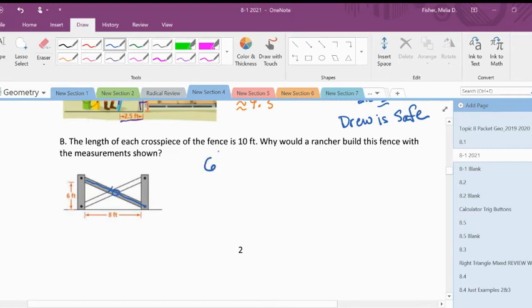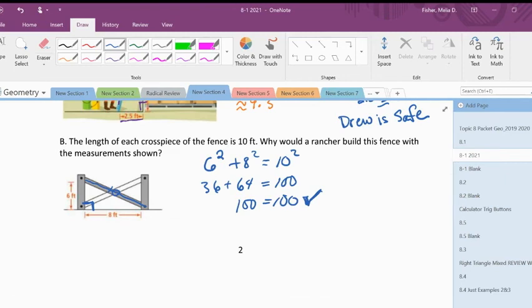So we're going to plug in 6 squared plus 8 squared equals 10 squared. 10 squared is 100, 8 squared is 64, and 6 squared is 36. 100 equals 100. So this is a Pythagorean triple. That means that this is a right triangle, and the other one will be a right triangle as well.